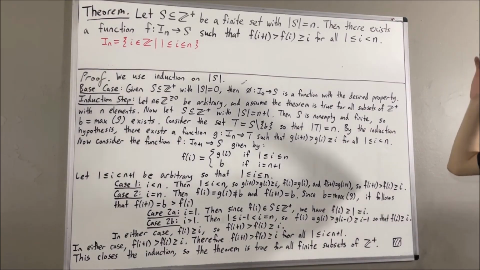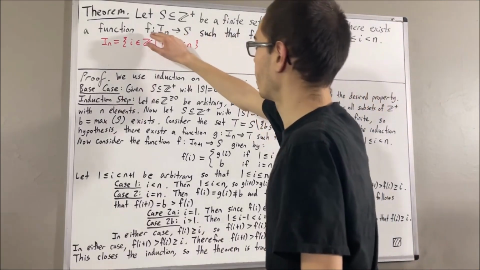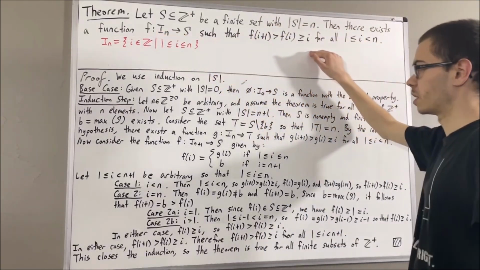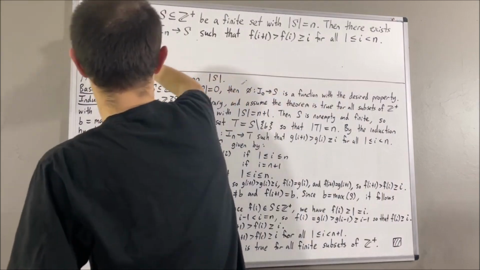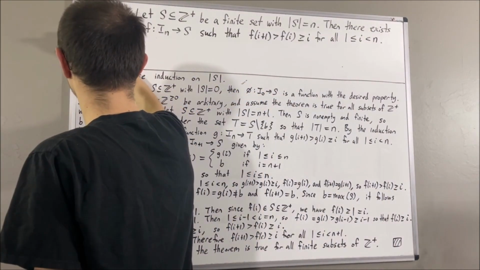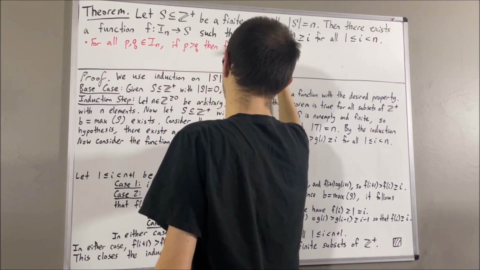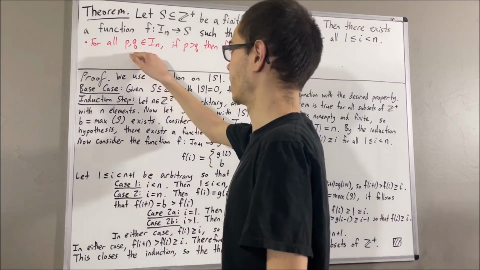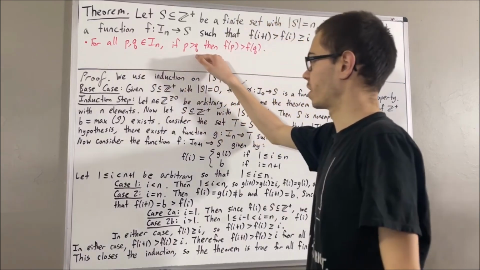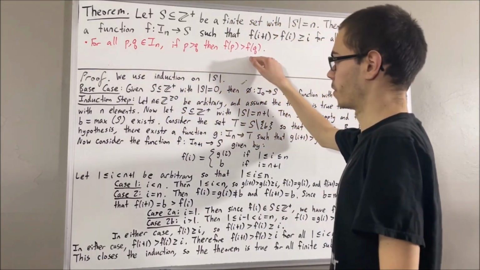And also, a property that we have proven regarding functions with this property is the following. We have for all integers p and q in I_n, if p is greater than q, then f of p is greater than f of q.